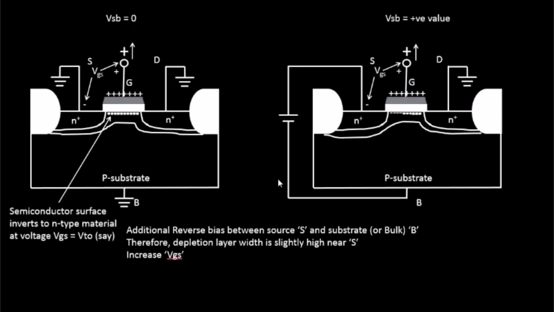We'll try to club everything in a single equation, and also see how this channel gets formed and at what potential the surface inversion happens. Surface inversion has already happened over here at a gate voltage, let's say VTO, but it has not yet happened over here. So let's find out the potential at which the surface inversion happens for this case in the next video. Thank you.